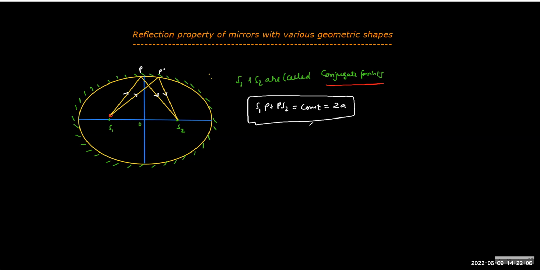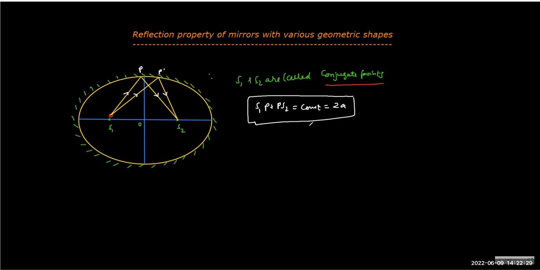Because S1 and S2 are conjugate points, the light ray will retrace the path if you switch the location. So if O is kept at S2, the image will be at S1 and the light ray will just retrace the path. It will just reverse the arrow.